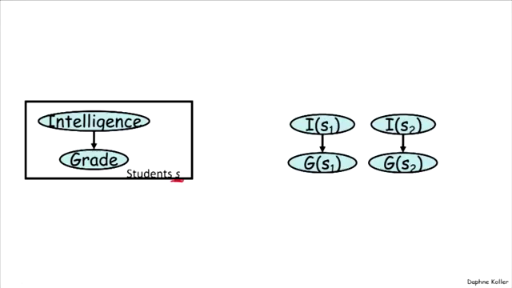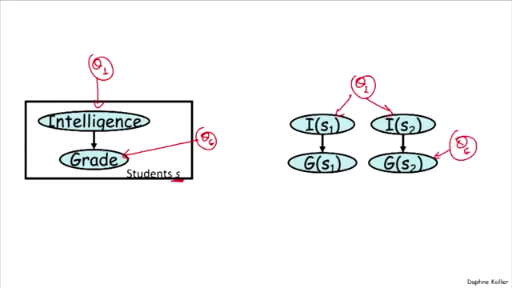Once again, if we wanted to encode dependence on the parameters, we might have theta I, which represents the CPD for I, and theta G, which represents the CPD for G, where theta I influences the two I variables and theta G influences the two G variables, and again, they're outside of the plate.